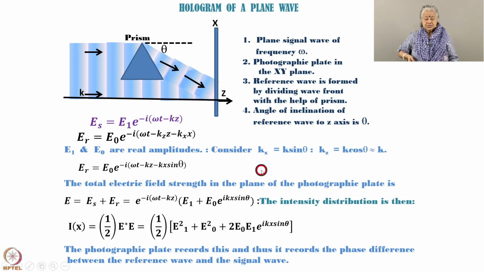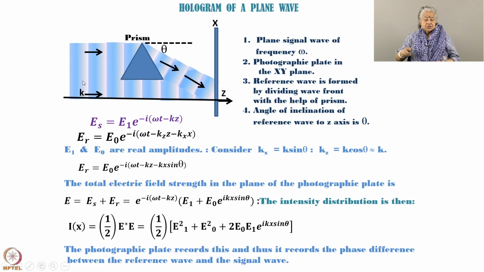Or you can just write it as kx sin theta, whichever point x you want to record the image at. So the value along the z axis is kz, because this k is going along this direction. Along this axis, it becomes kx sin theta.